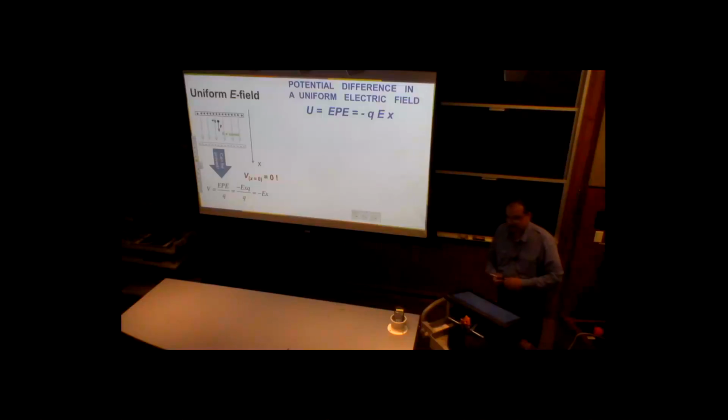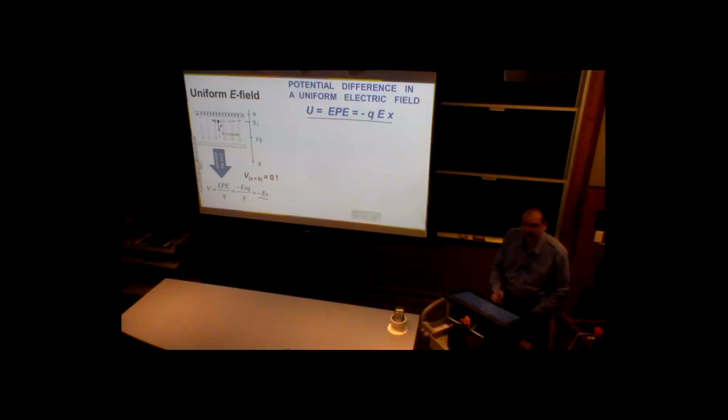Now, I promised you to go back to the equation which relates potential difference, distance, and field. A promise is a promise. So this equation has been proved, and this equation is just a use of that equation. So let's say this charge moves from x initial to a new location with x final. We can set 0 anywhere we like.